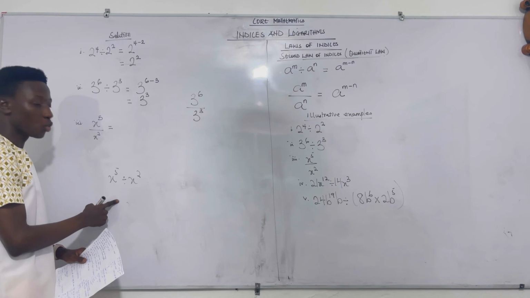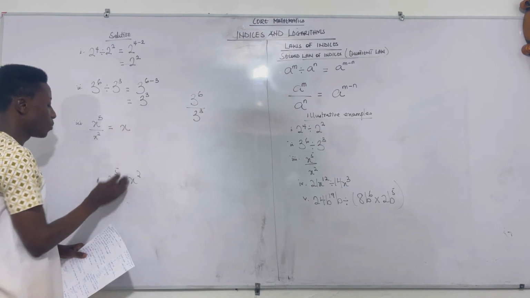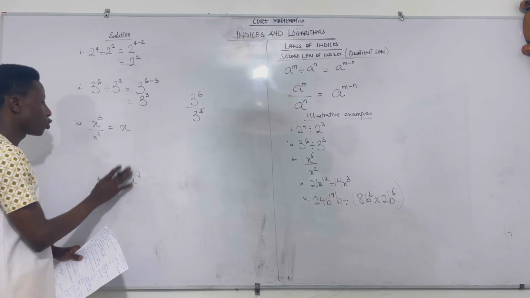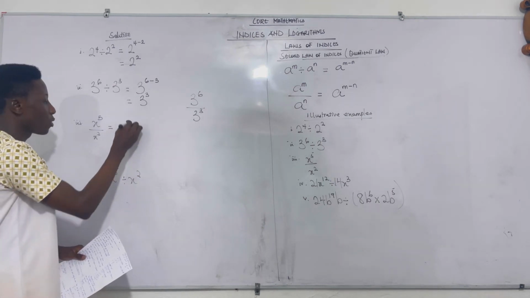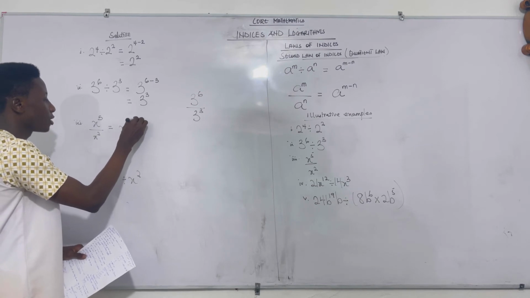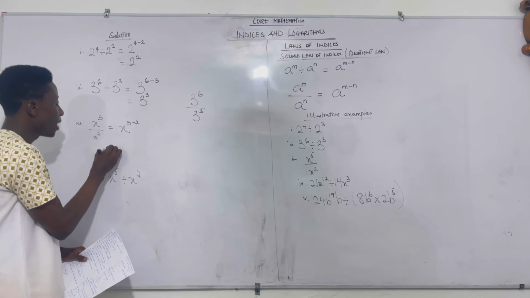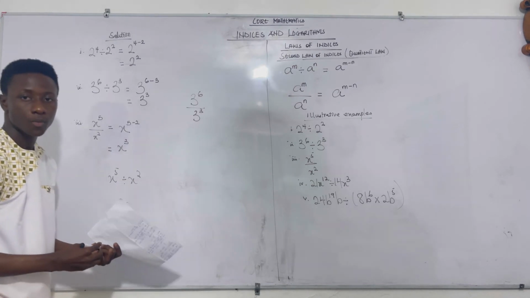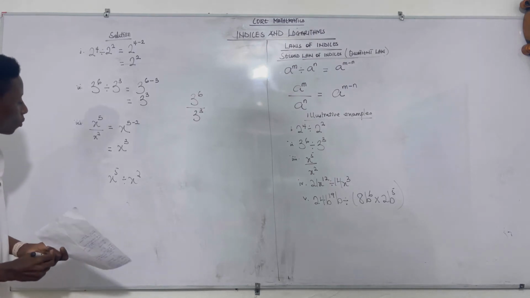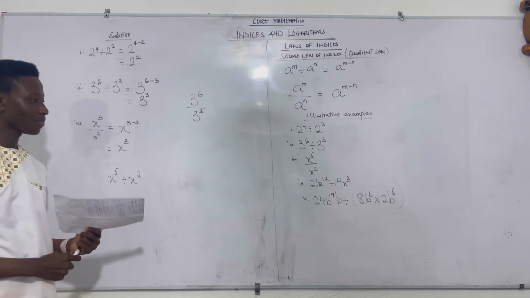And this you can clearly see. So what is the next step to do? The bases are the same and they are divided. So you just take the common base they are sharing and then you subtract the power, making 5 minus 2. What's the answer? We have x exponent 3 at the end of the day. I believe you are following.